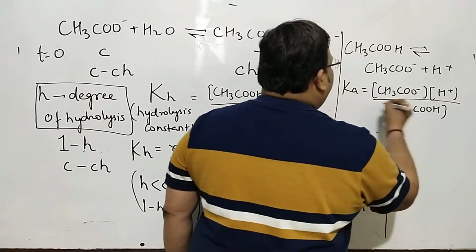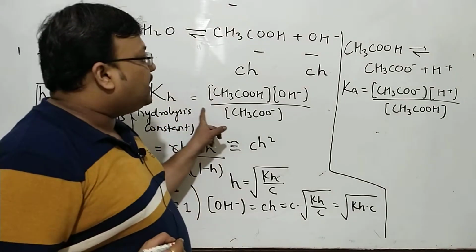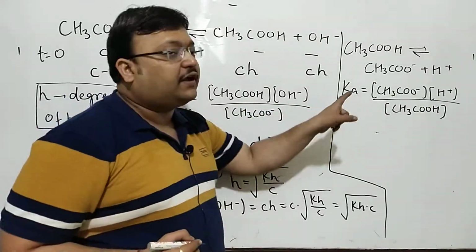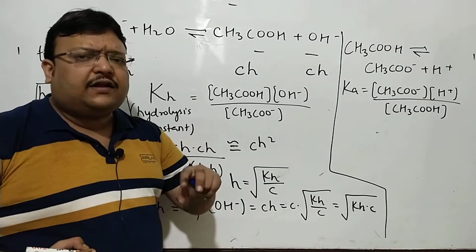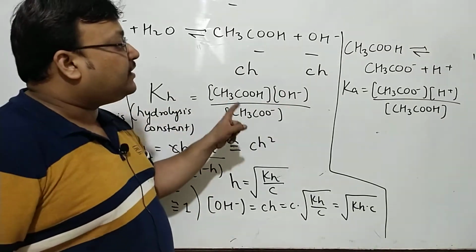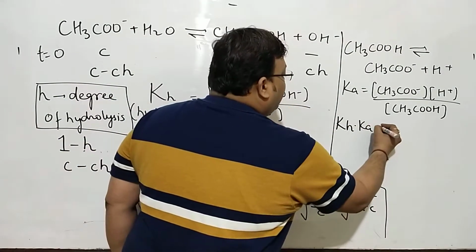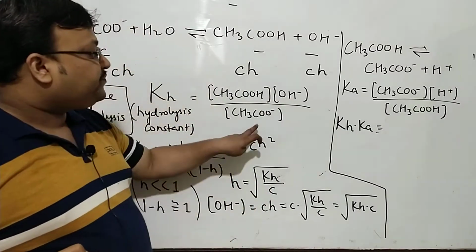So if this is Ka for this weak acid and if this is Kh, now you multiply Kh and Ka. Something of this kind we had done in the last class. We had multiplied Kh and Kb there. Now you multiply Kh and Ka.